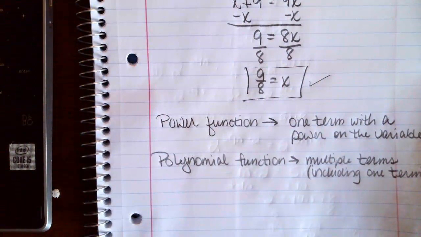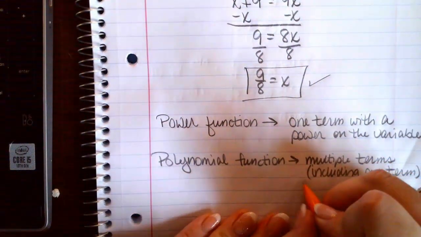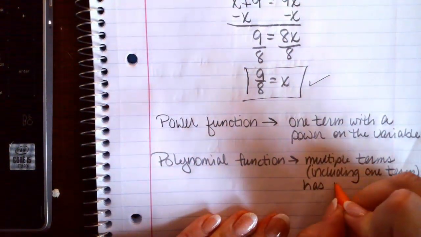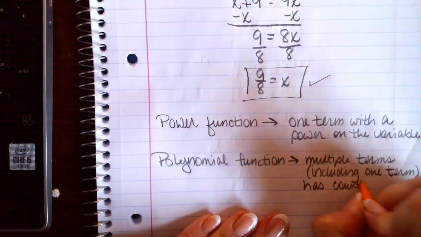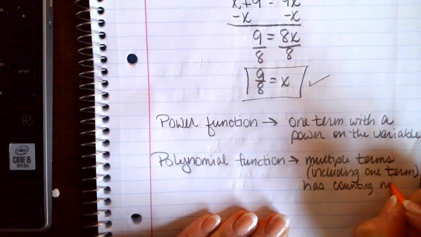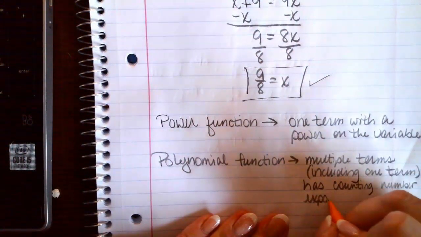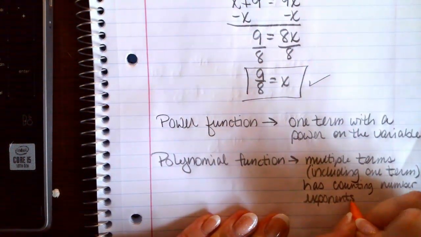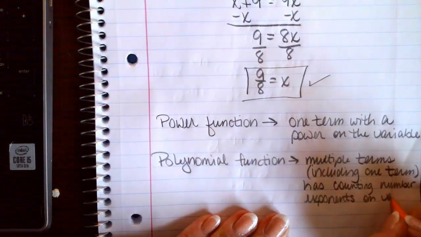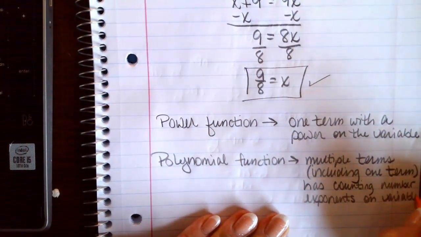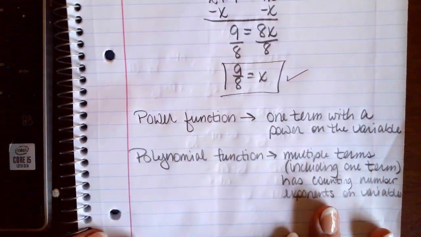But the polynomial function has counting number exponents on the variables.